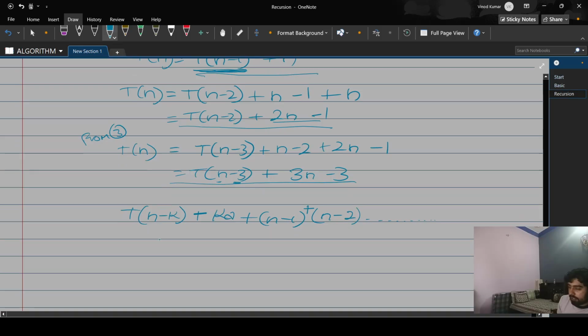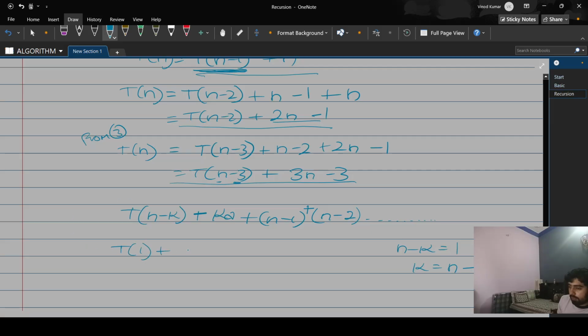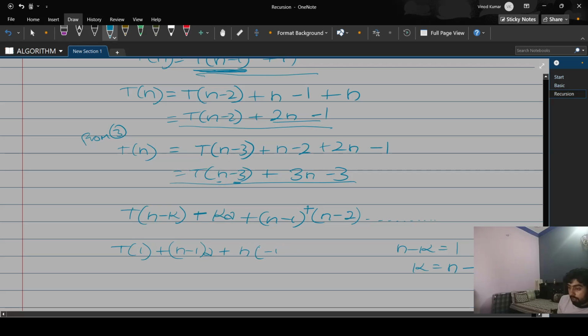Now to solve this, we have to find the base condition, which is equal to 1. K will be equal to, as we found above, n minus 1. Here we will put T of 1 plus k times n minus 1, plus, this is all in the n value.